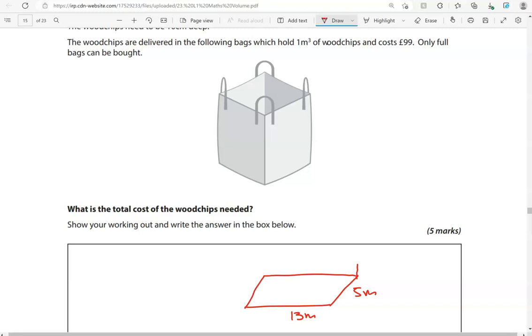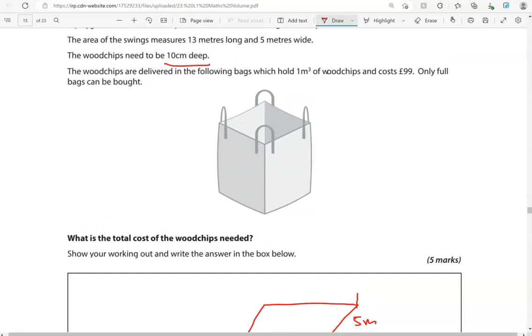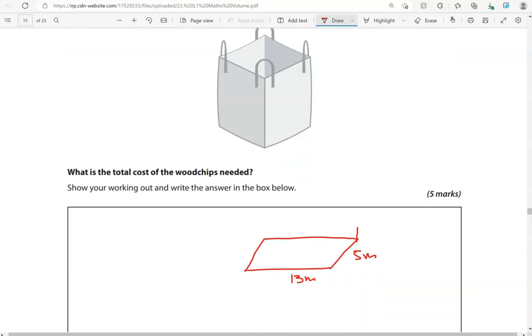And we've got 10 centimeter depth. So in terms of meters, because we need to use the same unit, that is 0.1 meters. It's like 10 divided by 100.